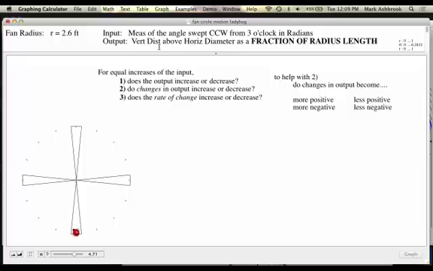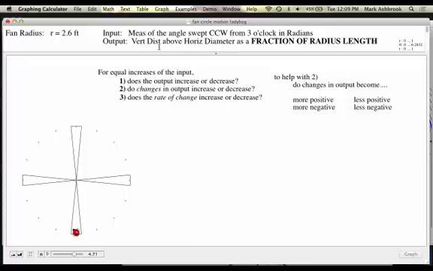What is that least value? Someone said 1.5 pi. Agree with that? 1.5 pi is the least value of the vertical distance above the horizontal diameter? Someone said no, negative 1.5 pi. Agree with that?